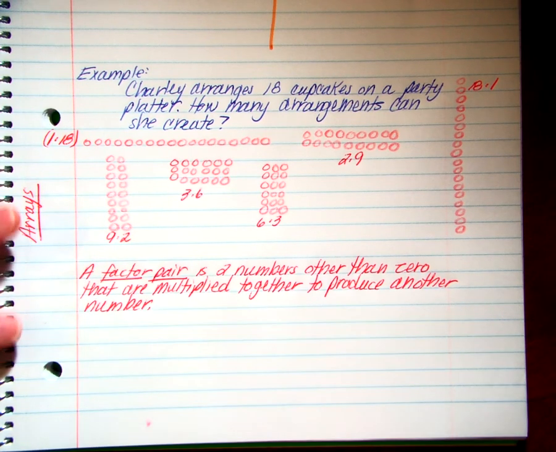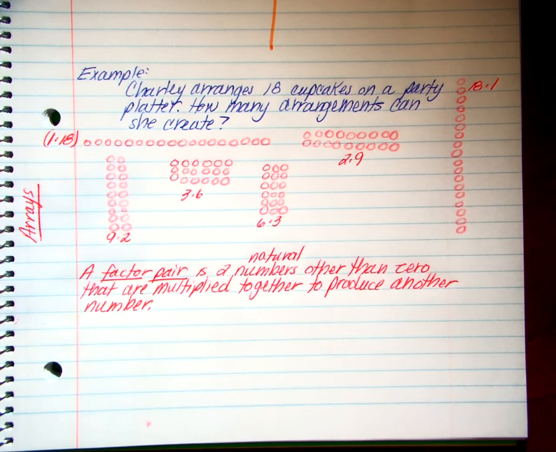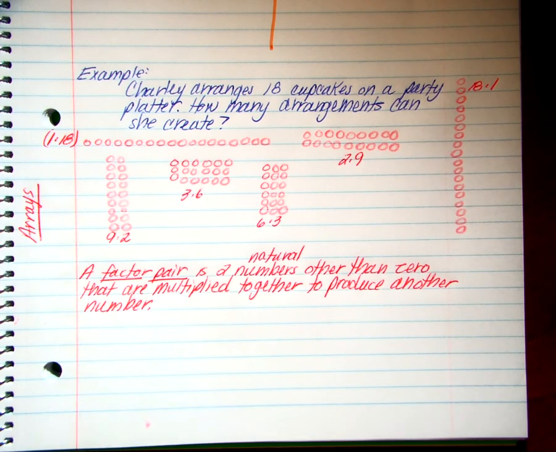They're 2 natural numbers, which means counting numbers, 1, 2, 3, 4, 5, 6, etc. The factor pair is 2 natural numbers other than 0 that are multiplied together to produce another number.